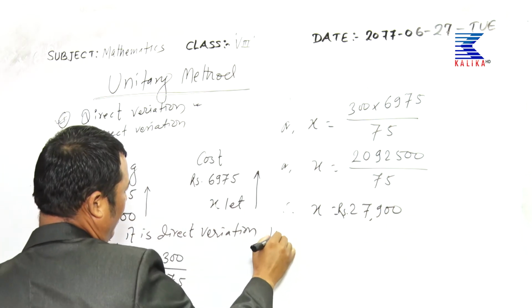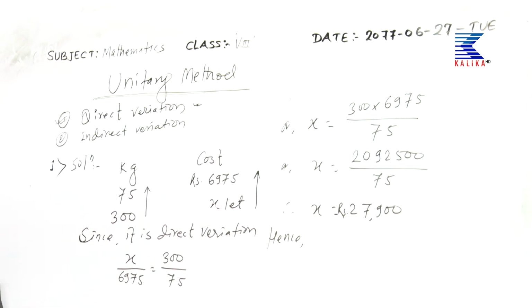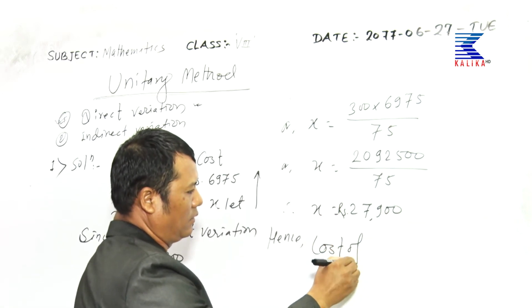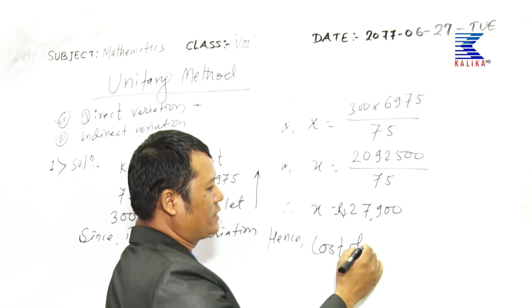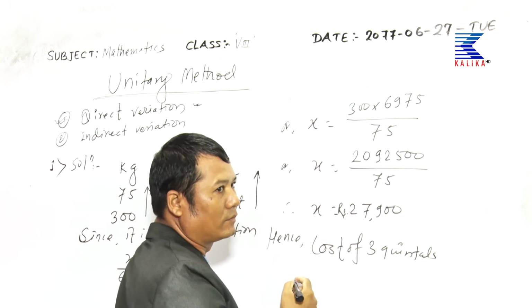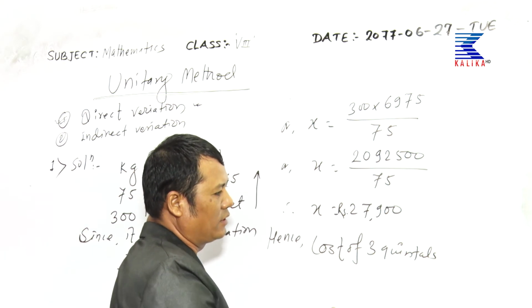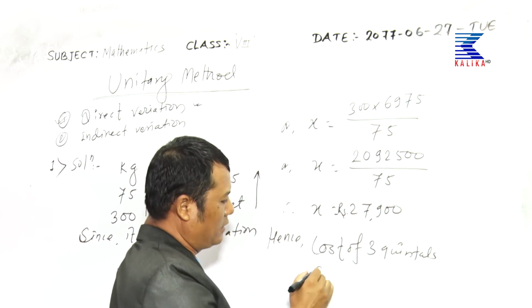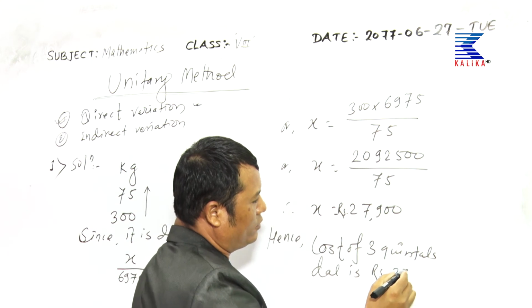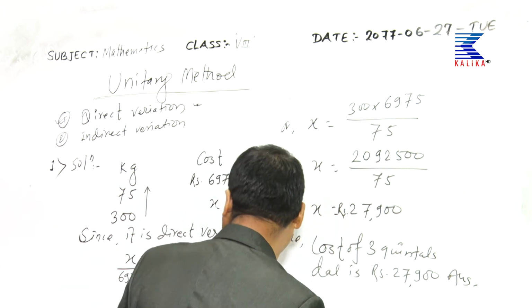Hence the cost of 3 quintals of dal is Rs 27,900, it is the required answer.